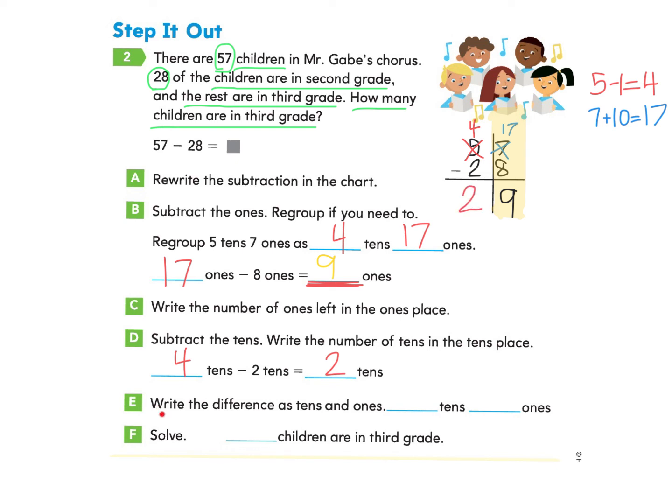So it asks us to write the difference as tens and ones. So we have 2 tens and 9 ones that we can write in here, 2 tens and 9 ones. And now we can solve this problem because 2 tens and 9 ones makes the number 29. So 29 children are in the 3rd grade.